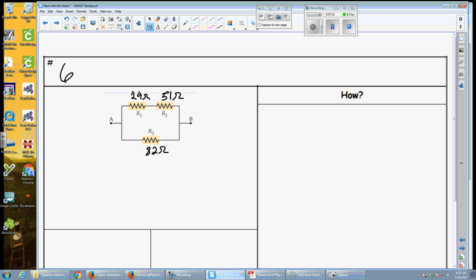Now, one of the things to remember is I can only combine resistors that are either strictly in parallel or strictly in series. And so let's throw those equations up here, so that I get credit for correct physics equations.